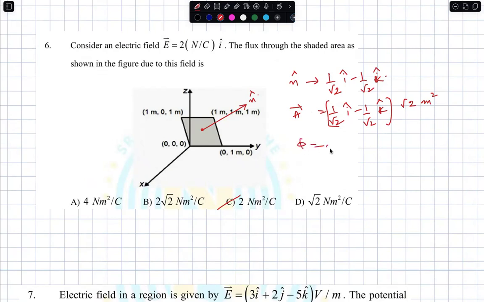So flux is E bar dot A bar. Simply, E has only i cap component. So 2 into 1 by root 2 into root 2. Cancel, cancel. 2 Newton meter square per coulomb. So correct. Right.